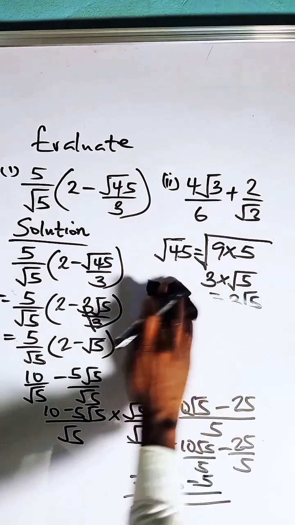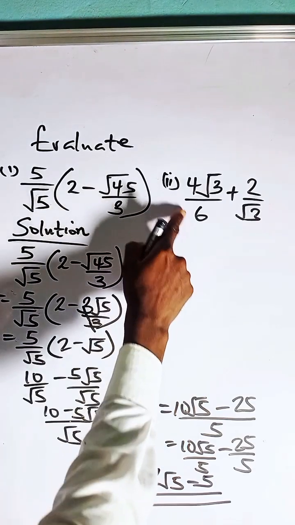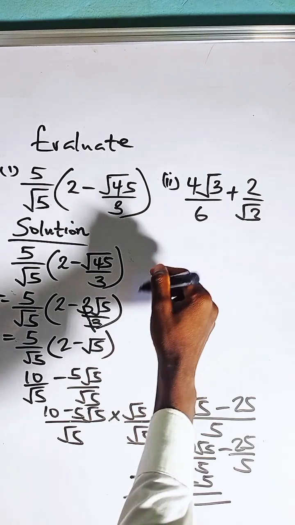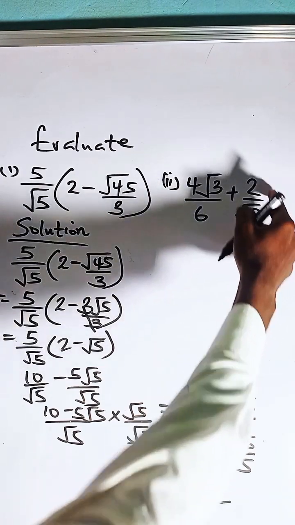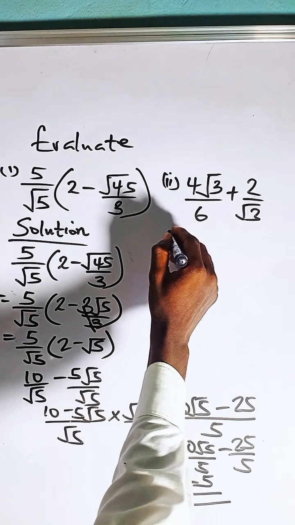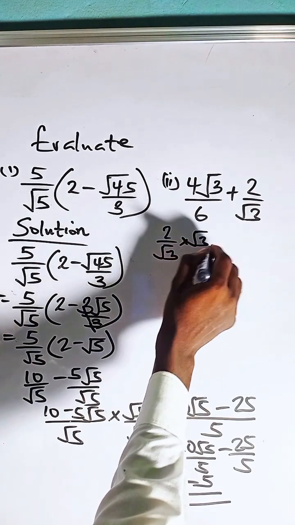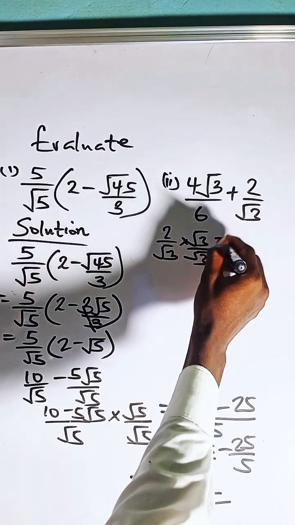So for the second expression, we have 4 root 3 over 6 plus 2 over root 3. Let us rationalize this part of the expression. For 2 over root 3 times root 3 over root 3, we are doing that to eliminate the radical sign.